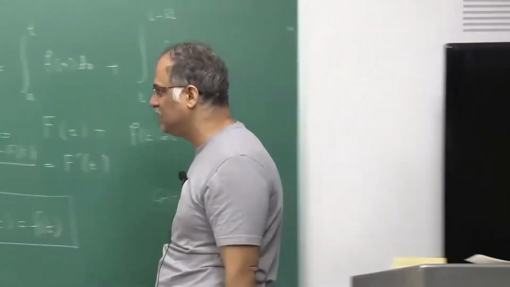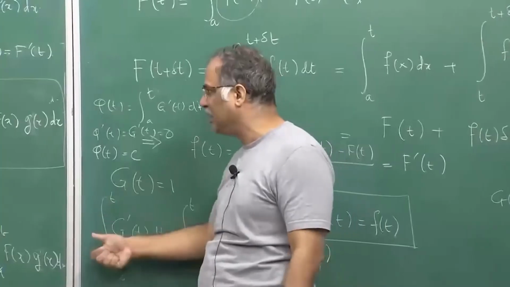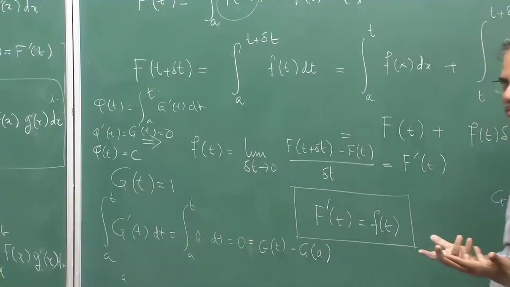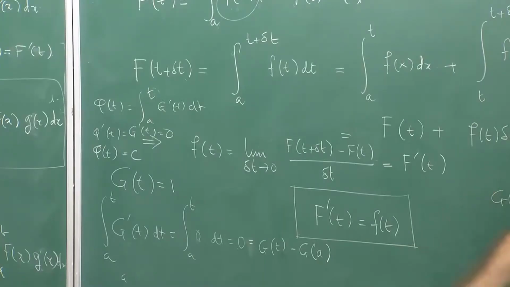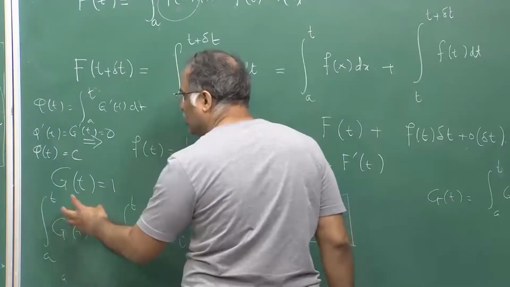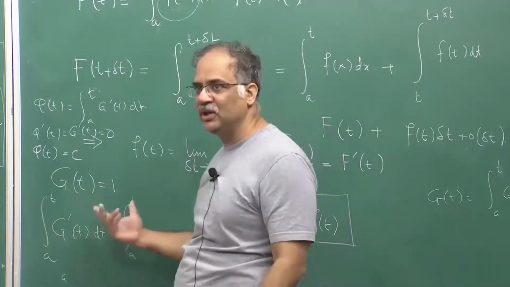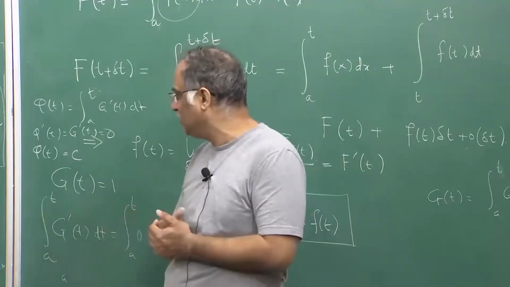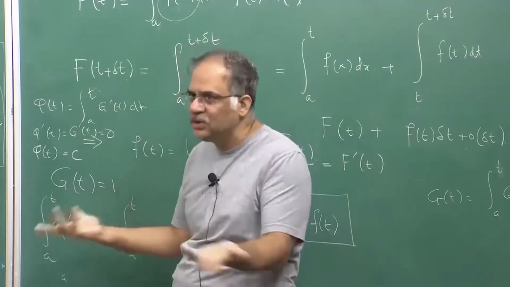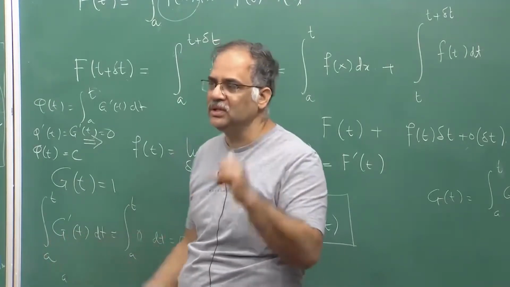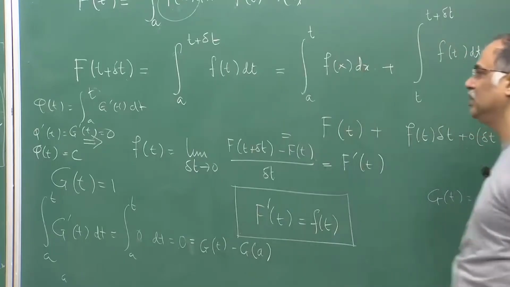If you fix a and look at it as a function of t, you get the zero function. If you have a constant function which is a zero function, what is its derivative? The derivative is g dash t, which is zero at every t. So that is very important to understand.